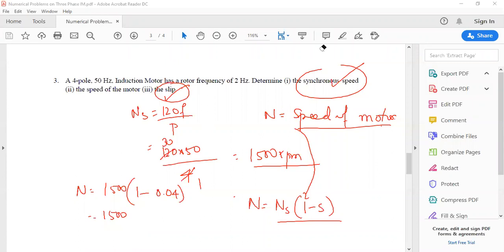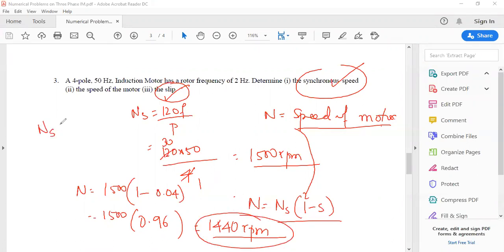It is 1 minus 0.04, so 0.96. So here it should be 0.96. I just made a simple mistake. So 1500 into 0.96, what is the value? That is 1440 rpm. So that is the speed of the motor.